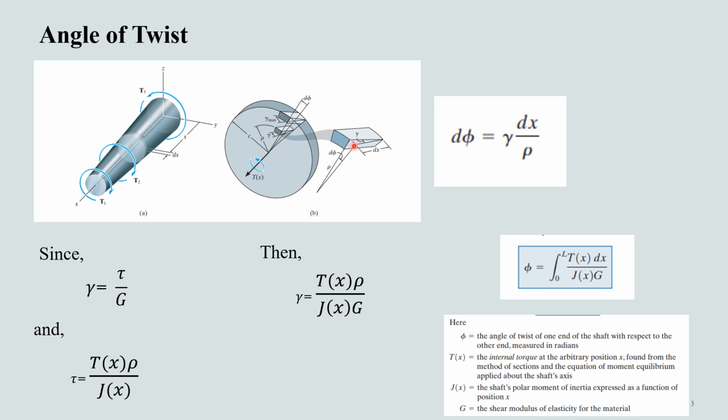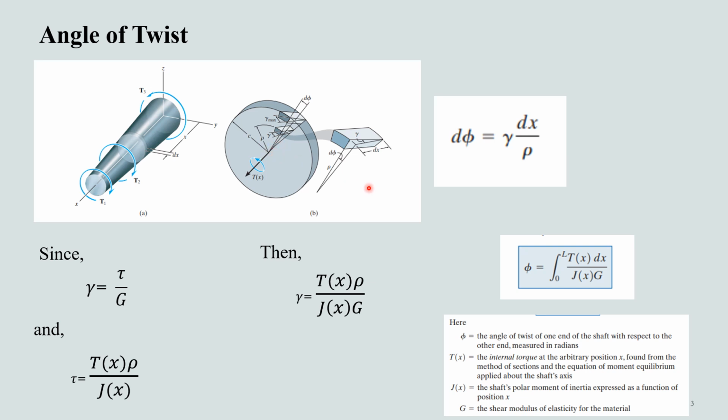You can see here that due to this twist, if this was the initial position of the face, then this position will get displaced by an amount d phi. As a result, an element of material located at an arbitrary radius rho will undergo a shear strain gamma.